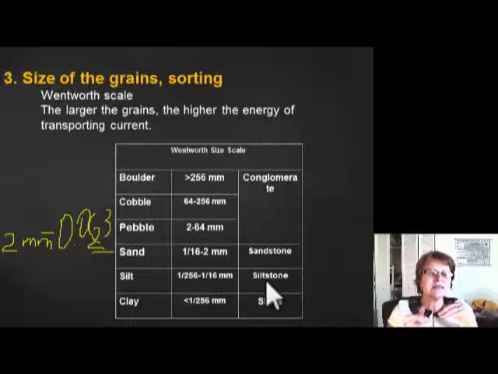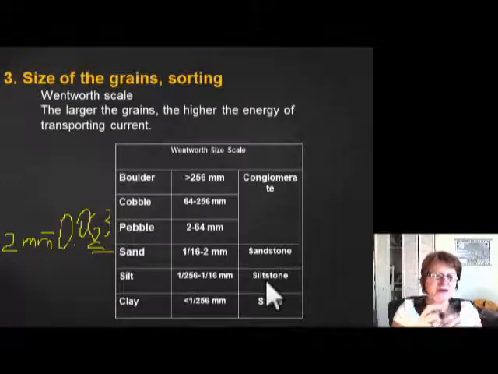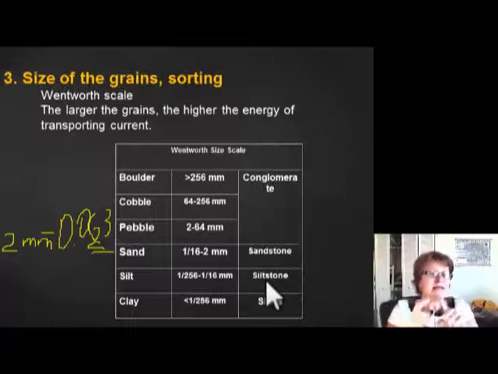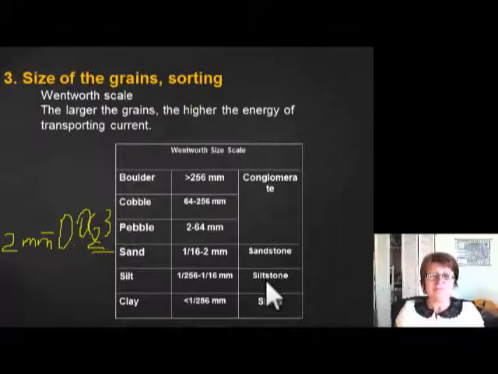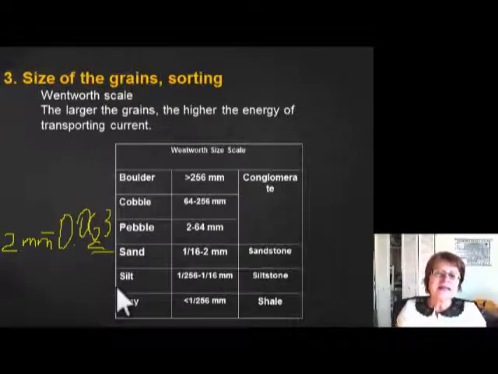And below 0.063 is the siltstone, and that is when the grains are smaller than the thickness of the lines on your fingertip. So when you touch the silt, which is one below, you won't feel the grains. They are going to go into the lines, so your hands are going to get dirty. Whereas if you touch sandstone, it won't, because the grains are bigger, so you feel the grains when you touch it. The silt is going to be between 0.063 millimeter and 0.005.